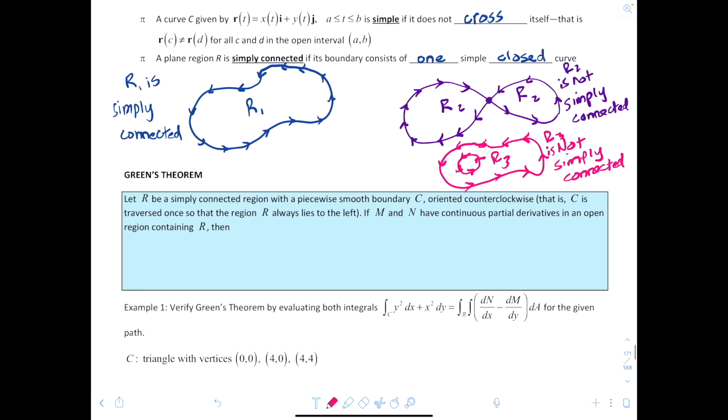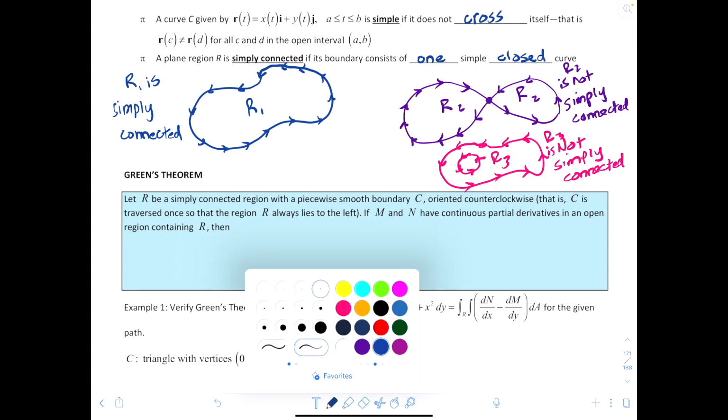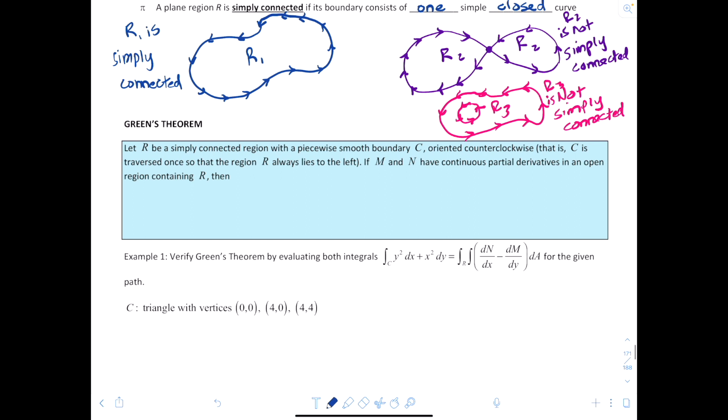So now, what Green's theorem tells us is this. Let R be a simply connected region with a piecewise smooth boundary C oriented counterclockwise.